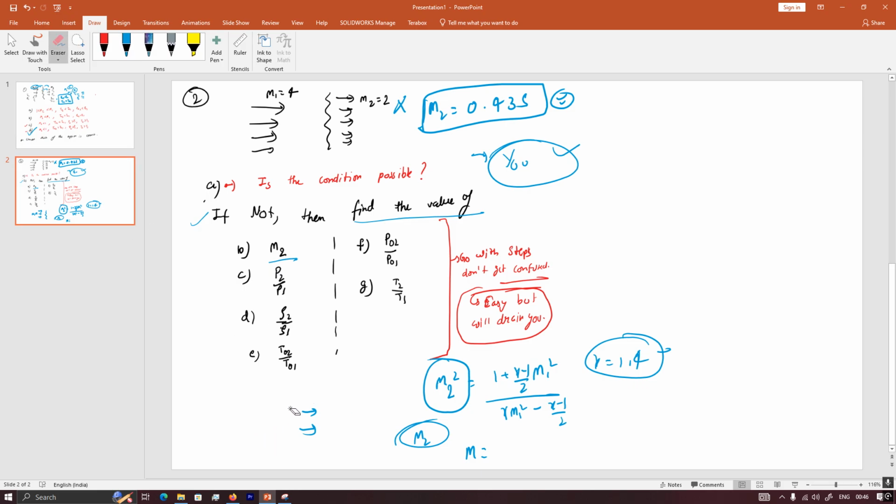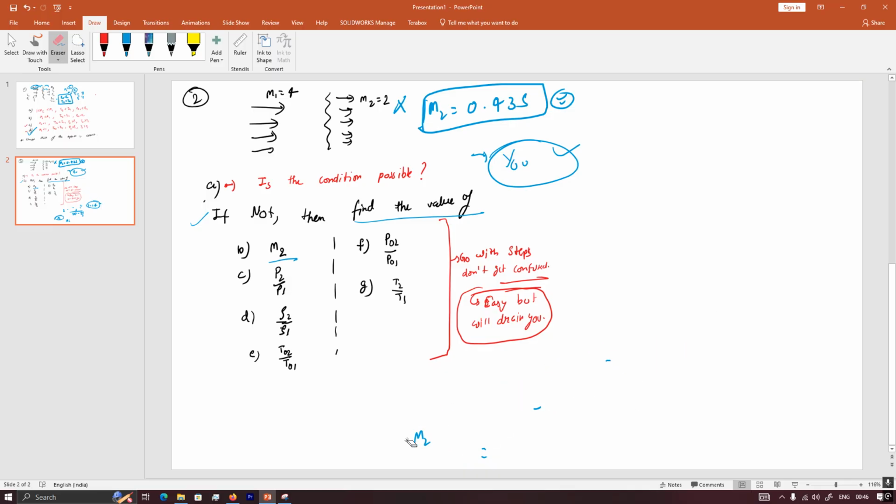Can we calculate other properties? Yes, we can calculate other properties as well. Now the C option is asking, what is the ratio of P2 by P1. So we have the ratio of P2 by P1 as 1 plus 2 gamma upon gamma plus 1 times m1 square minus 1.